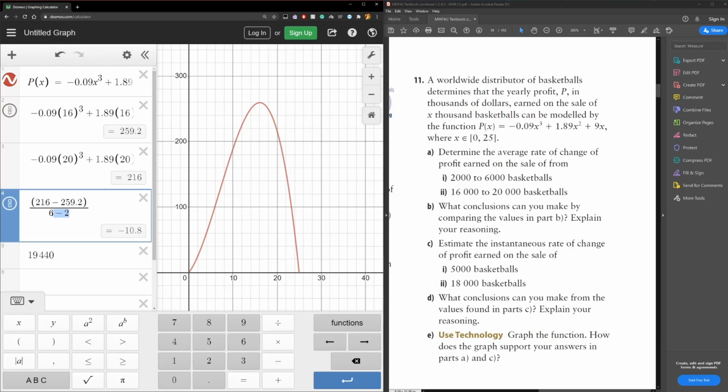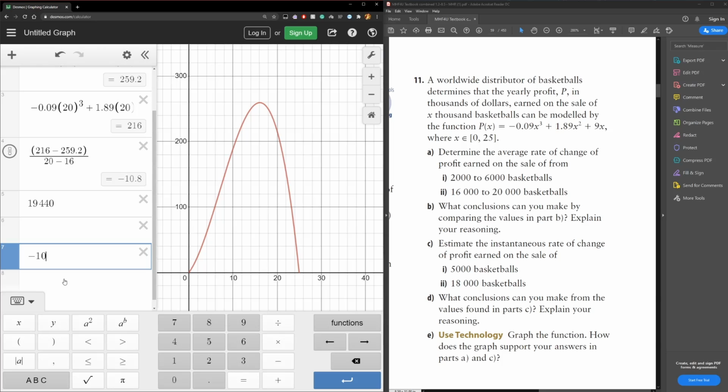Make sure your numbers actually stay consistent. So first of all, I enter 20, and then minus 16, negative 10.8. So actually, if we sold between that many, our profit is negative, which means you wouldn't want to buy or sell that many basketballs, because you're not making any money. That is kind of the fun part.